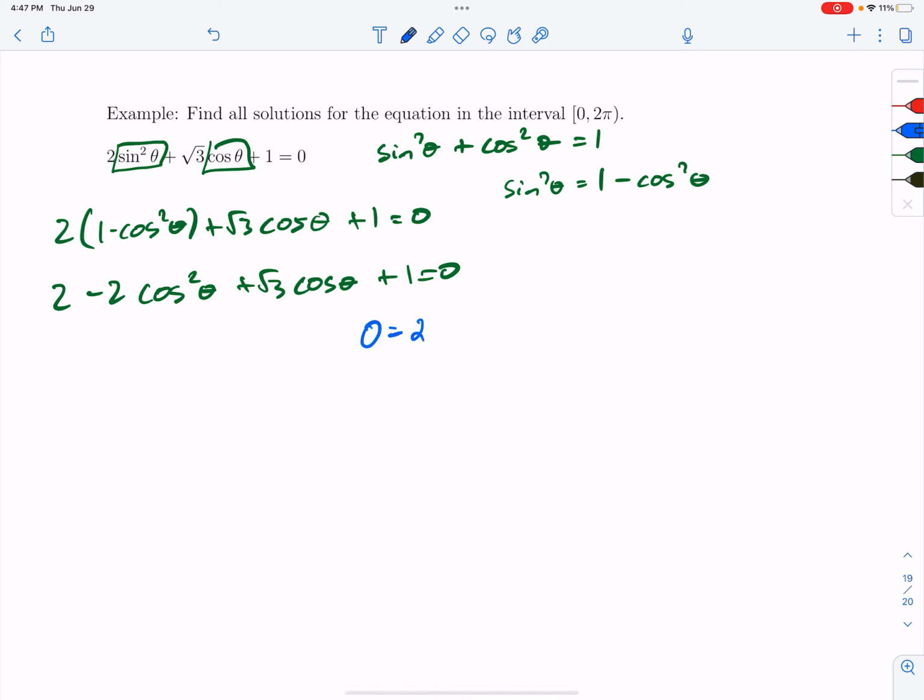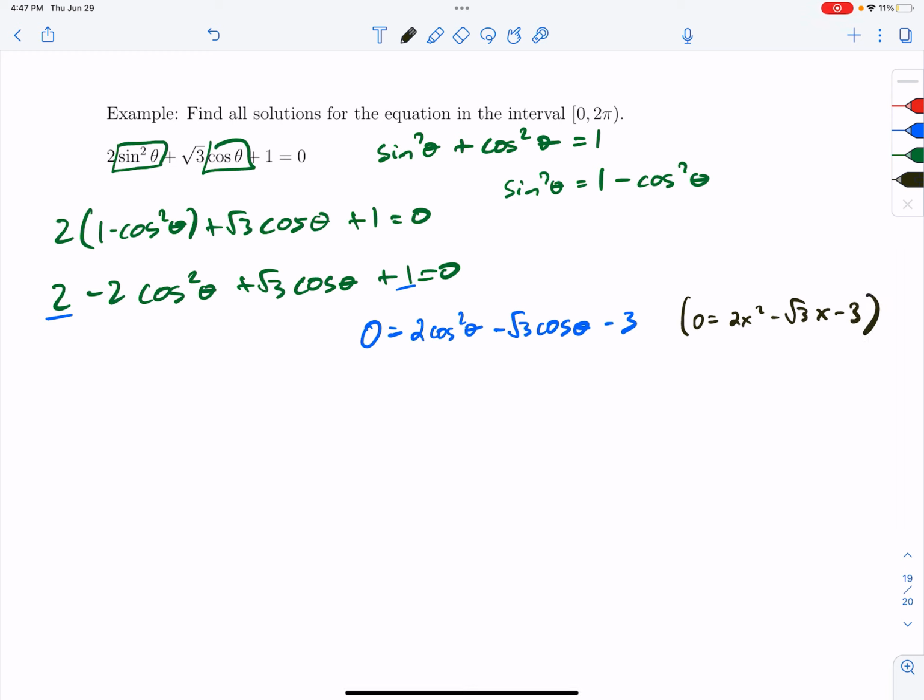So this will now become 2 cosine squared theta minus square root 3 cosine theta. And I had a positive 2 and a positive 1 here, so I had positive 3 on the left side. So this is now minus 3. Okay, so this looks like this quadratic equation: 0 is equal to 2x squared minus square root 3x minus 3.